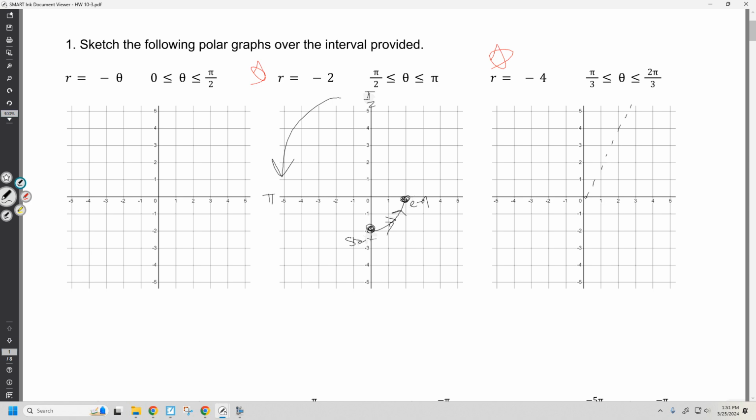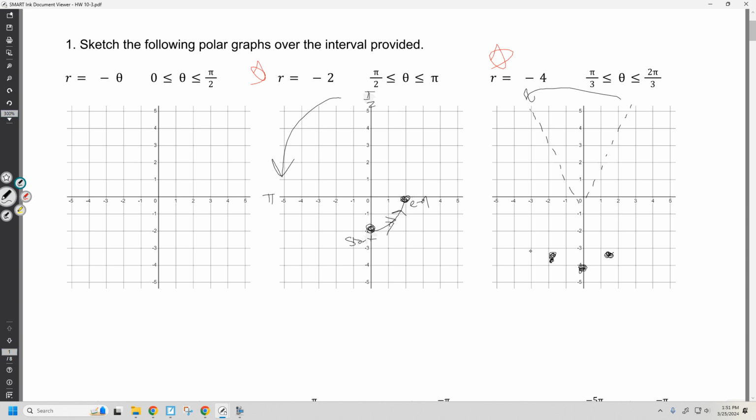Pi over 3 to 2 pi over 3. Our angles here. However, pi over 3, we want to plot a radius of -4, somewhere around there. Pi over 2, we'll plot a radius of -4, somewhere right there. 2 pi over 3 will plot a radius of -4, somewhere over here.